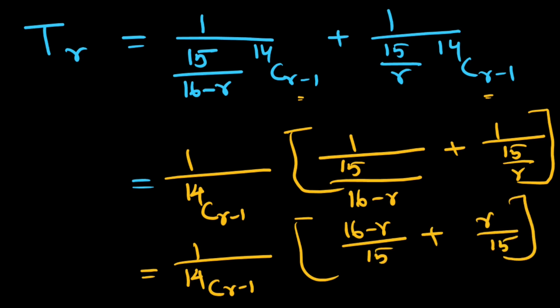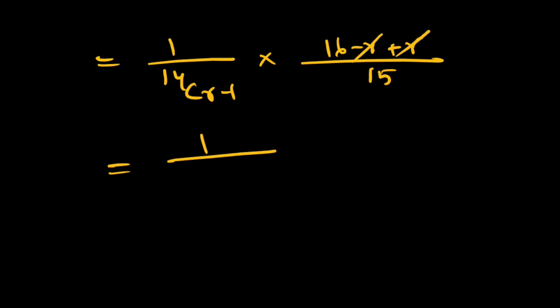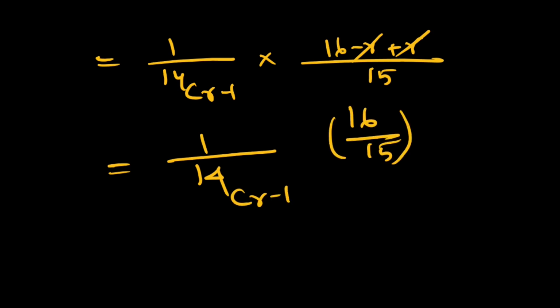Now we calculate very carefully. The LCM is 15, so we get (16 minus R plus R) over 15. This R and this R cancel, therefore we get 1 over 14C(R minus 1) times 16 over 15. Therefore, TR is equal to 1 over 14C(R minus 1) times 16 by 15. That is the general term of this left hand side.